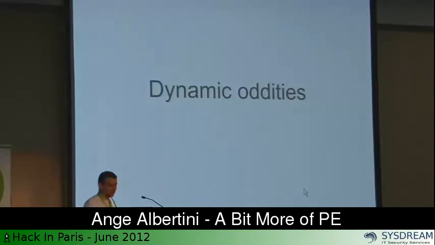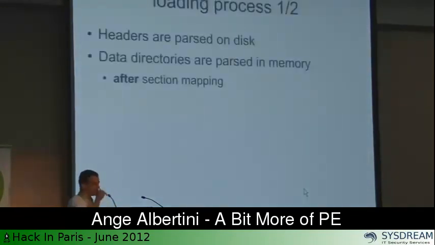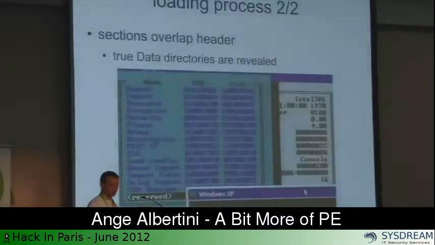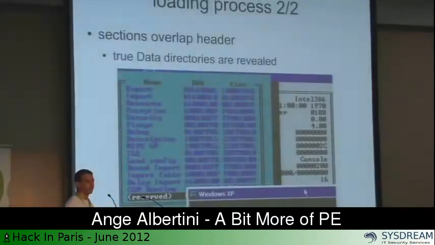So now let's move on to the dynamic oddities. During the loading process, all the headers are parsed on disk, and the data directories are parsed once everything is mapped into memory. The consequence is that if you overlap the sections with the data directories, so the headers are the same, but the data directories are overlapped, you can get some funny data directories.